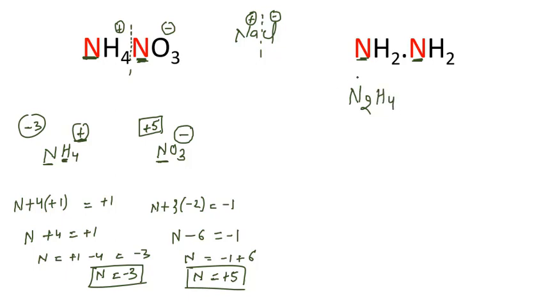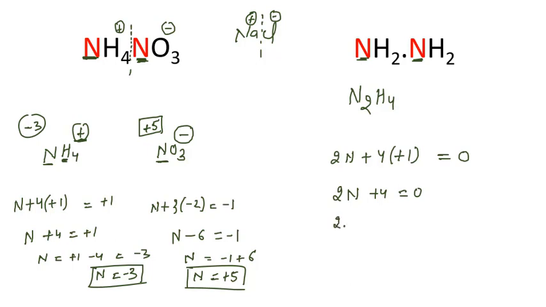Well, this is a neutral compound, so the total oxidation number of nitrogen and hydrogen will always be equal to 0. Well, 2 nitrogen plus 4 hydrogen, and hydrogen is attached to non-metal. Nitrogen is a non-metal, so hydrogen attached to non-metal shows +1 oxidation number. There are 4 hydrogen, 4 multiplied by +1. Then we have 2 nitrogen plus 4 is equal to 0.